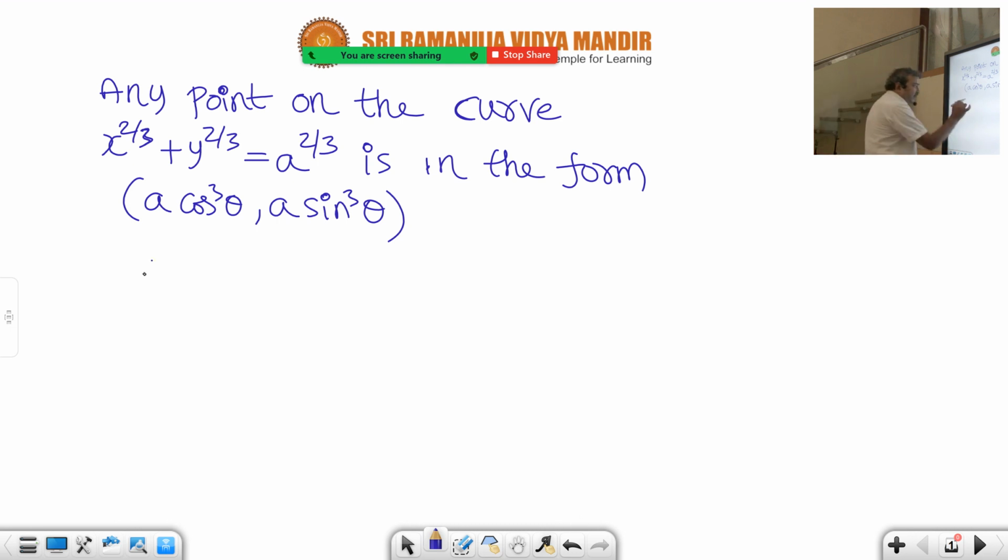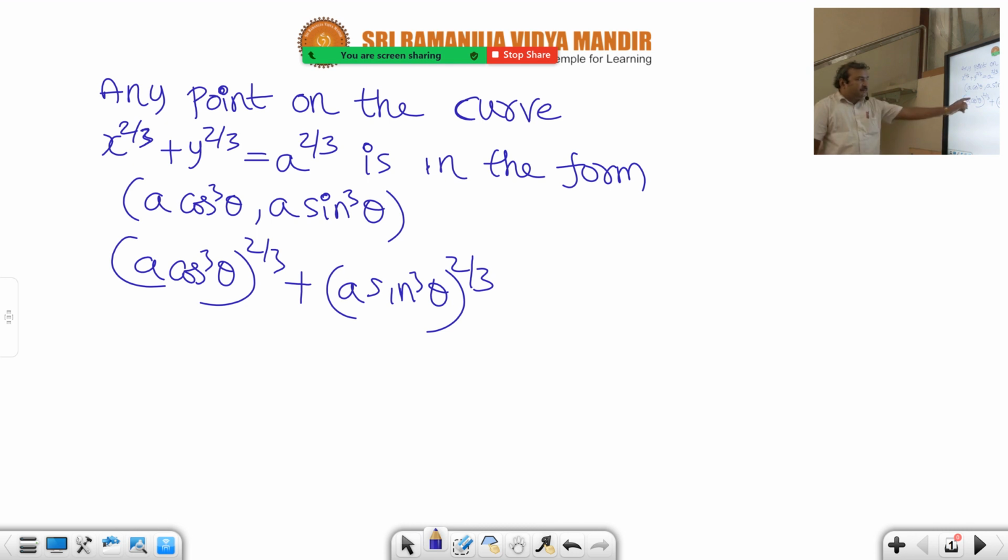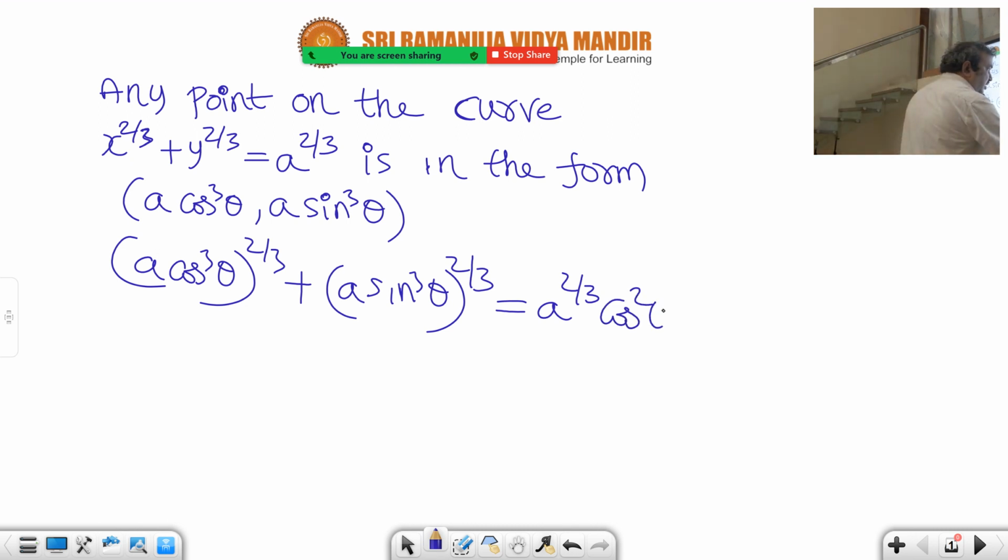Here you can say a cos cube theta power 2 by 3, and a sin cube theta power 2 by 3. So from this you can say a power 2 by 3, and here cube and cube will get cancelled, so it is cos square theta. And similarly here a power 2 by 3 sin square theta.